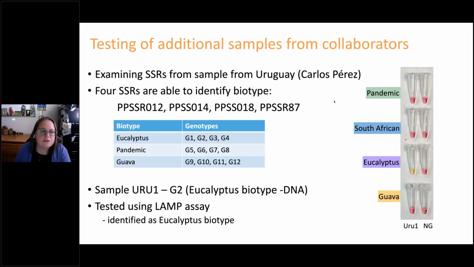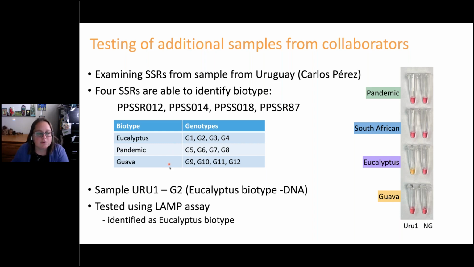So what we've been working with so far is getting samples from people, from collaborators. Just recently, we got a sample from Uruguay, from Carla Perez. And what we've been doing first is taking the sample and then identifying them by biotype using 4 different SSR markers that we've used previously in other studies. And what we find is that there's genotypes using those 4 SSRs that are specific to the eucalyptus, the pandemic, and the guava biotypes.